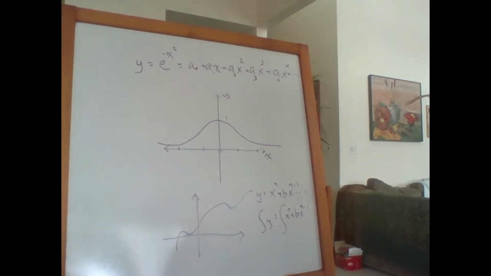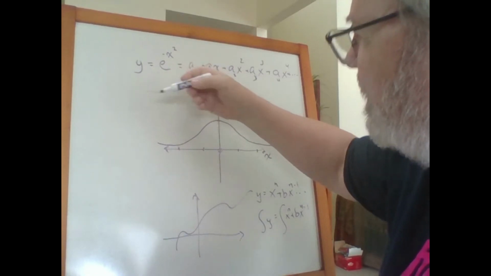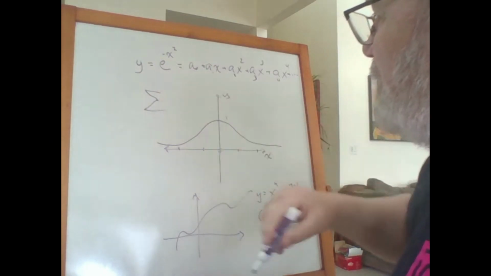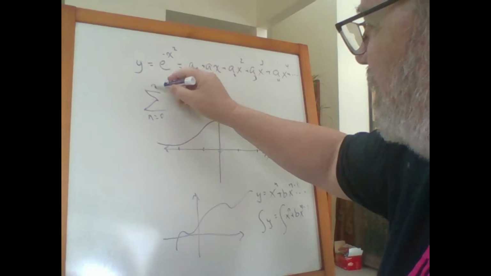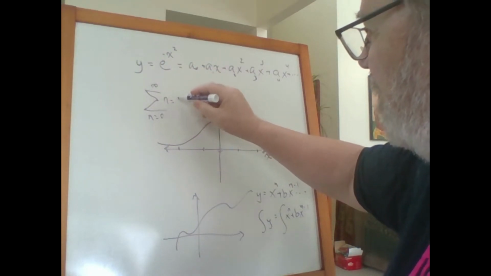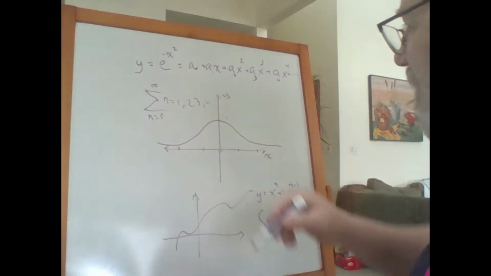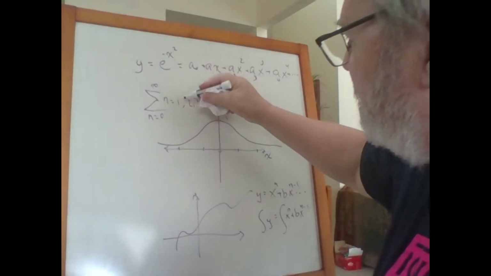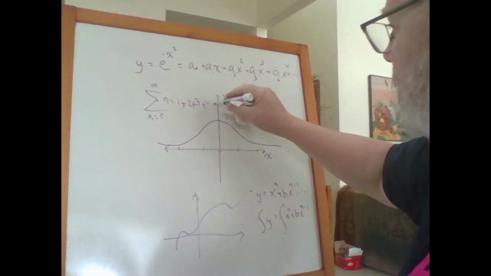You've seen me use the symbol for summation, say n equals 0 to infinity, where you have 1, 2, 3, 4 and so on, plus, plus, plus.